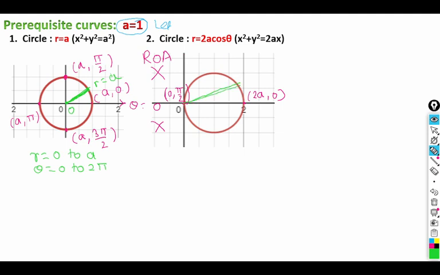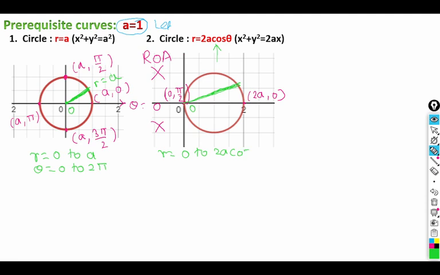The lower end is fixed at the origin, so r equals 0, and the upper end touches r equal to 2a cos theta, whatever the equation of the curve is. So the upper end will vary on that circle, r equal to 2a cos theta. So the limit of r is very simple here, 0 to 2a cos theta.